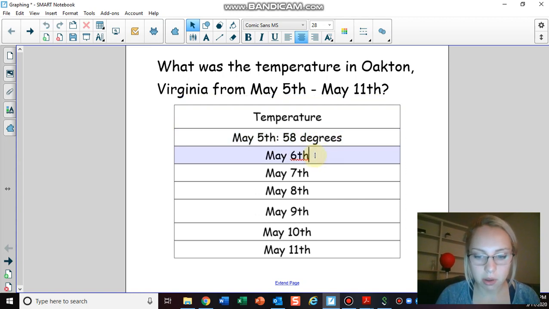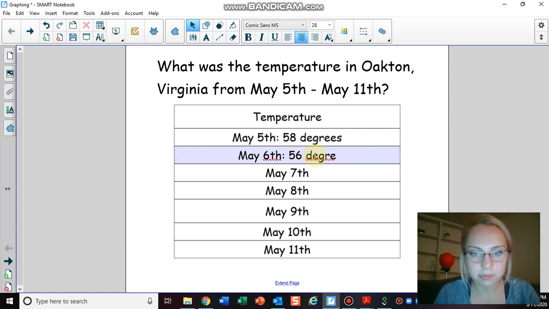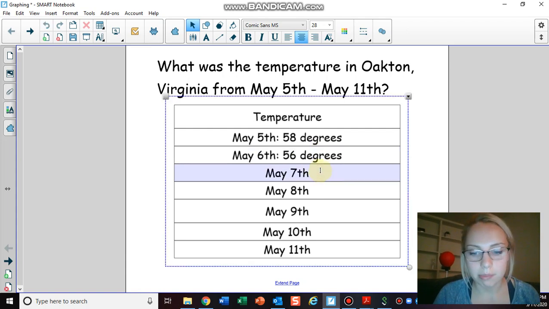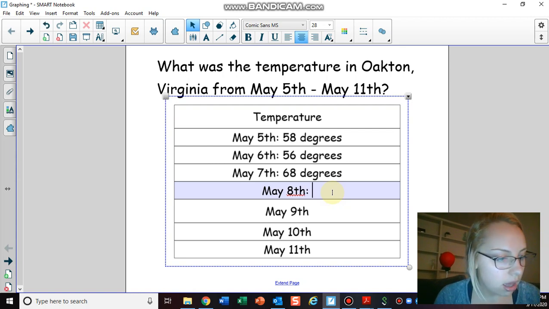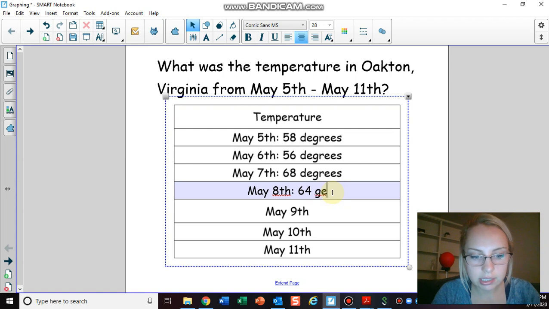Okay, now let's go to May 6th. On May 6th, it said the temperature high was 56 degrees. On May 7th, it said the temperature high was 68 degrees. So it went up quite a bit from May 6th to May 7th. On May 8th, the temperature high was 64 degrees.